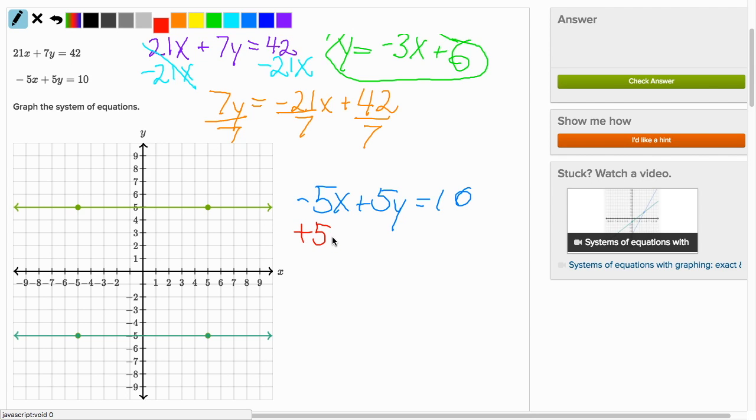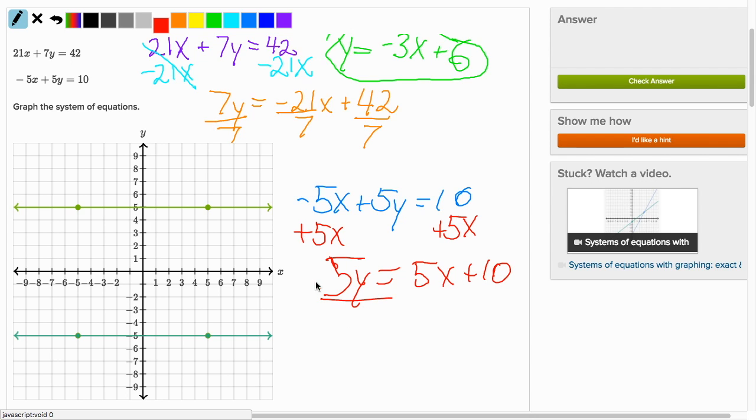We should try to get that to the other side so we can leave this y by itself. We'll have 5y equals positive 5x plus 10.